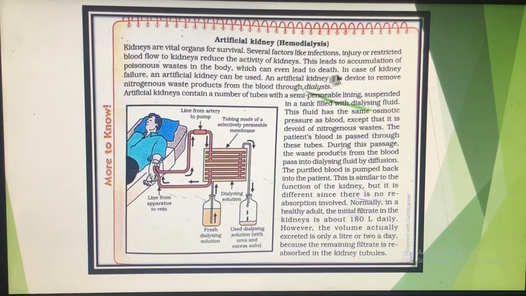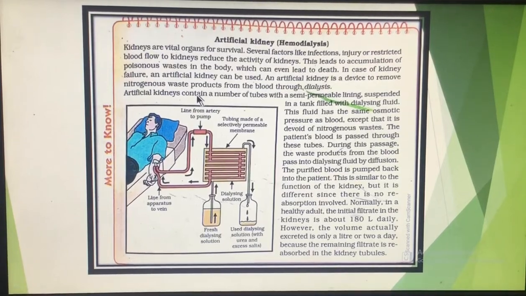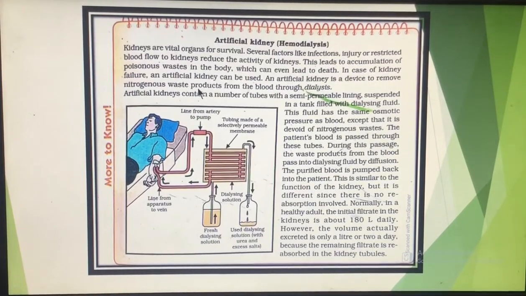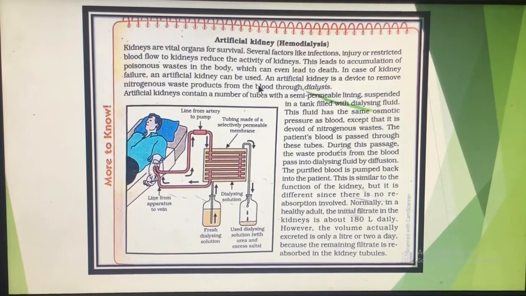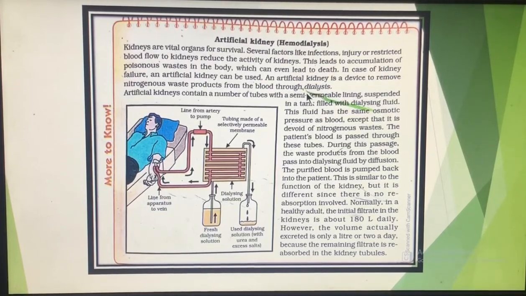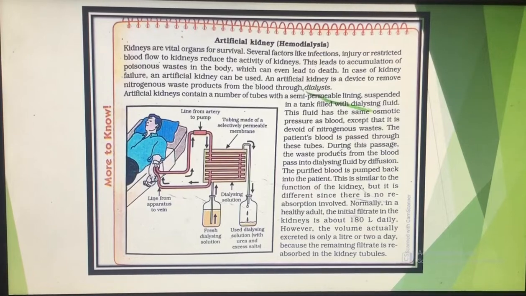So if the kidney stops working, then these nitrogenous waste products can be removed from the blood through a process, and that process is known as dialysis. So dialysis is a process by which the nitrogenous waste products are removed from the blood if the kidney stops functioning.